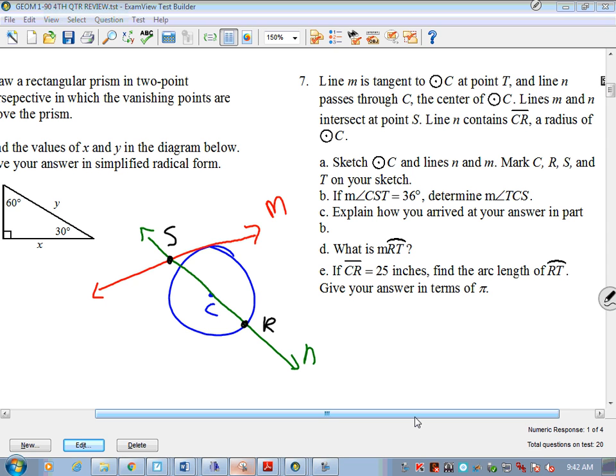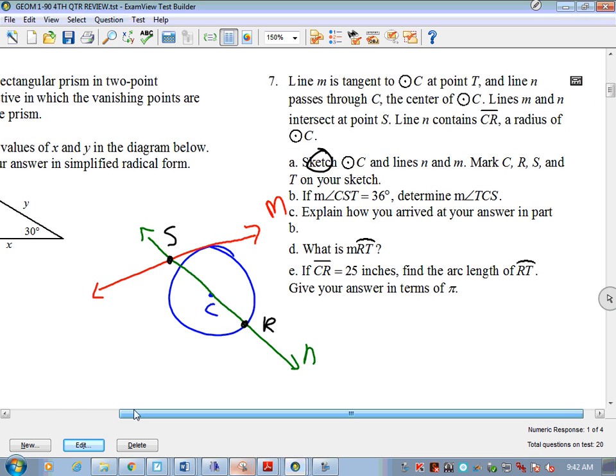Have we fulfilled our obligation to A here? Sketch circle C, lines N and M, mark C, R, S, and T on your sketch. Have we missed something? Missed T. Okay. What do we know about T?